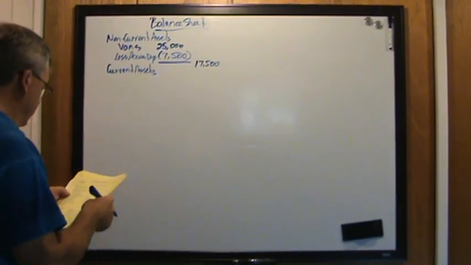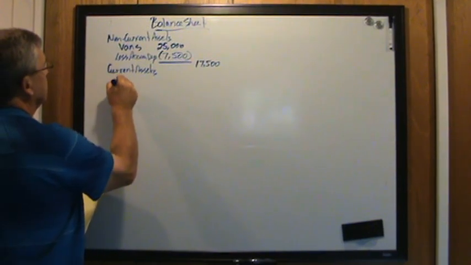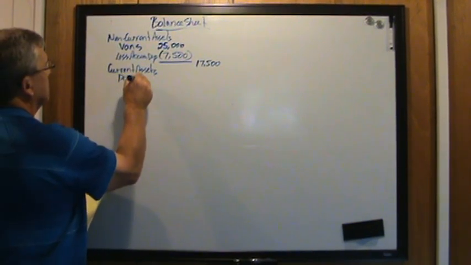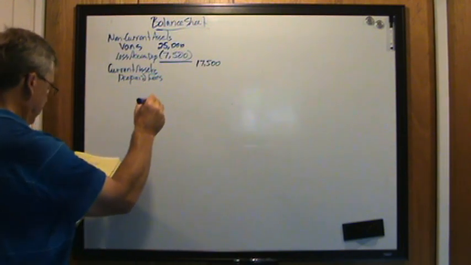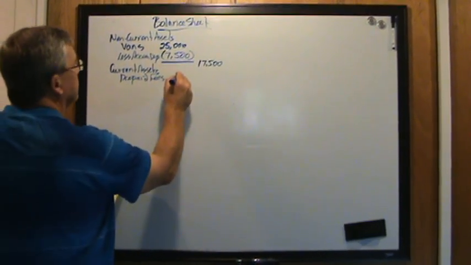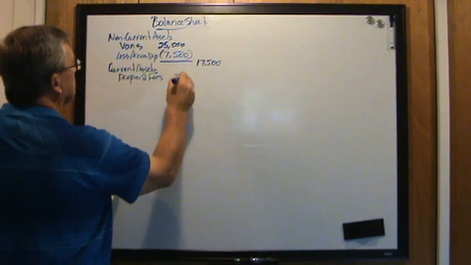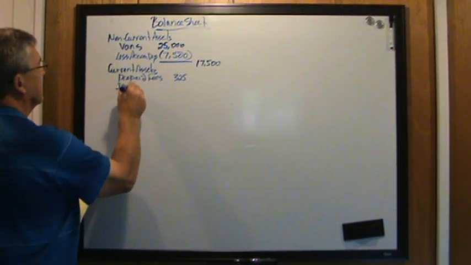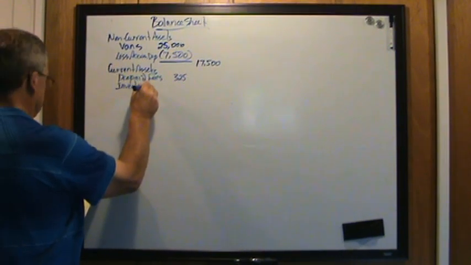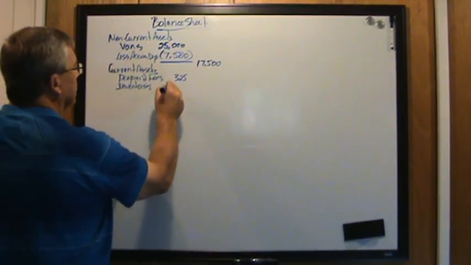Current assets, we have prepaid fees. Prepaid fees were $325. We have inventories of 26,000.